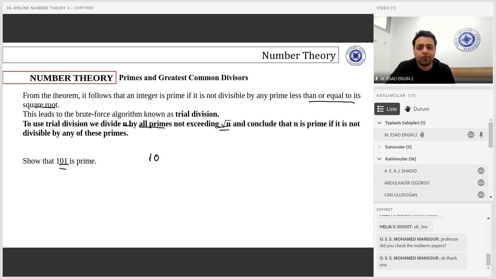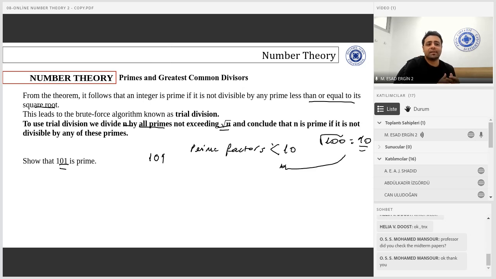If we try to find the factorization of 101, the prime factors cannot be greater than 10. Why? Because the square root of 100 is 10, so the prime factors of 101 cannot be greater than 10. Actually, 101 is also a prime number.